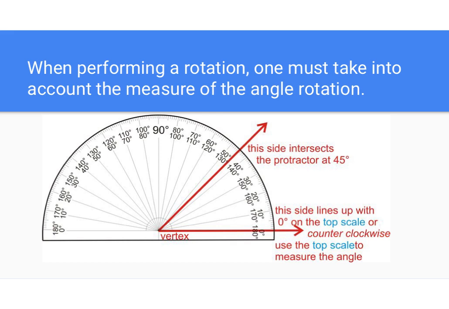Now, it's really important when we're talking about rotations to take into account the measure of the angle of rotation. And we can do this by hand using a protractor. If you've ever seen a tool with all of these degrees on it that looks like half a circle, that's called a protractor, and we can use it to determine the angle measurement in degrees.